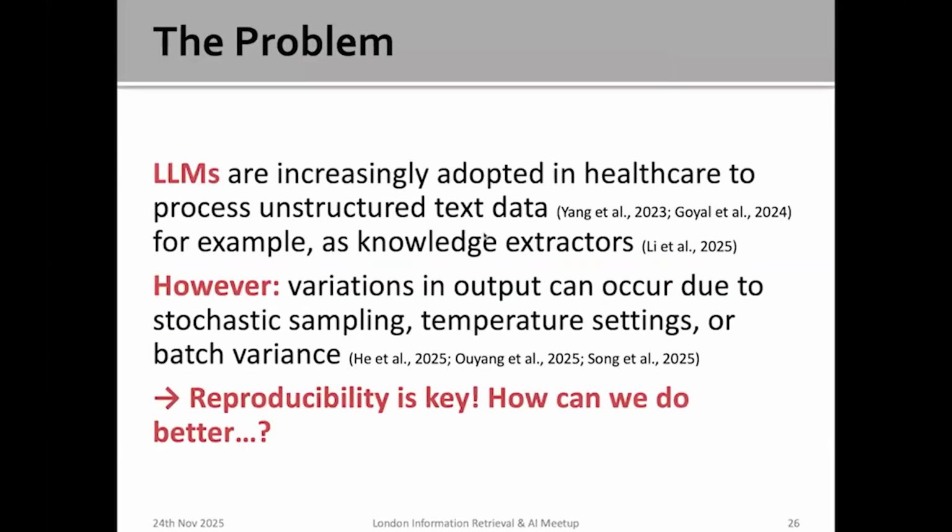Well, the problem in this case is LLMs are increasingly adopted, as in any other domain, I guess, also in the healthcare domain, to process unstructured data. We are working with the hospital that is linked to our university, and we are working with different groups there, for example, an infection prevention group and also a urology group.